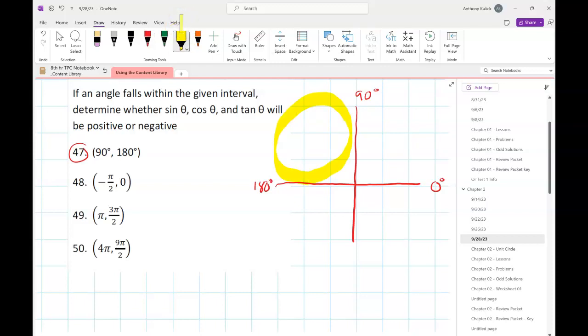So between 90 and 180 is the second quadrant, right?